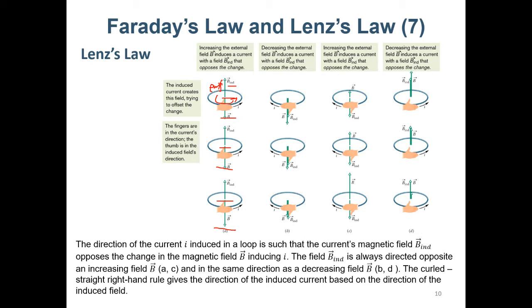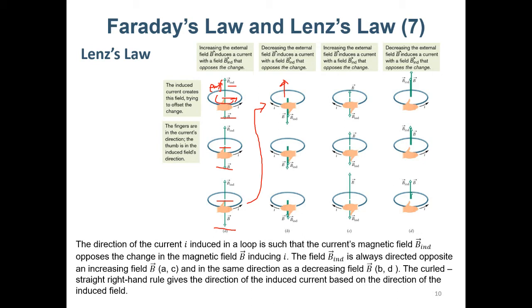So from this one to the next stage, the external B field decreases, which means that the change of the magnetic flux through this loop points to this side. So it should generate an induced B field pointing downward to counteract these changes.